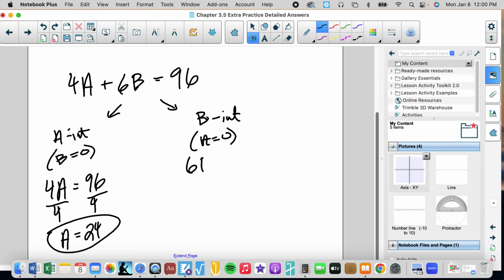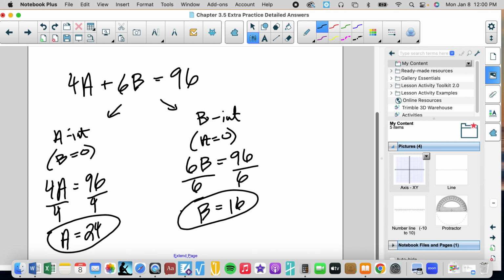So that intercept would represent, if I sent 16 groups to competition B, remember each group consists of 6 members, so 16 times 6 gives me 96, and there would be no members left to go to competition A. So do the intercepts of the graph make sense? Yeah, makes sense. I don't think I was asked to graph it yet, just write an equation. We wrote it in standard form, and that's good.